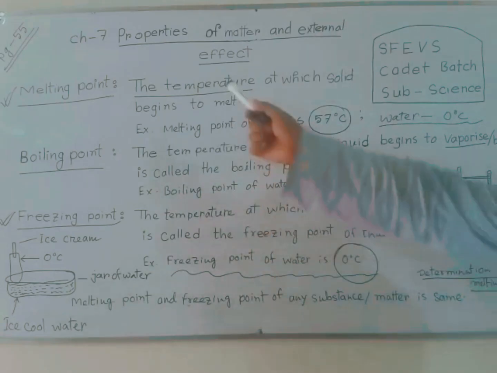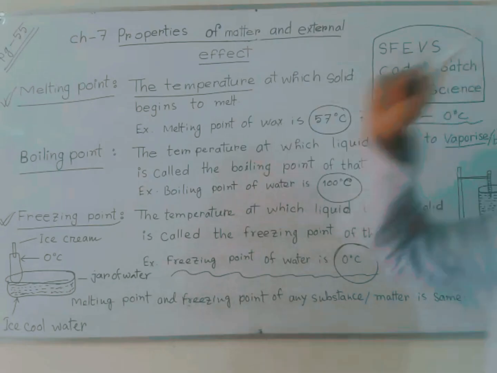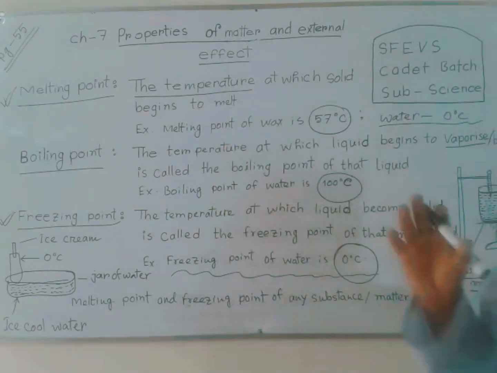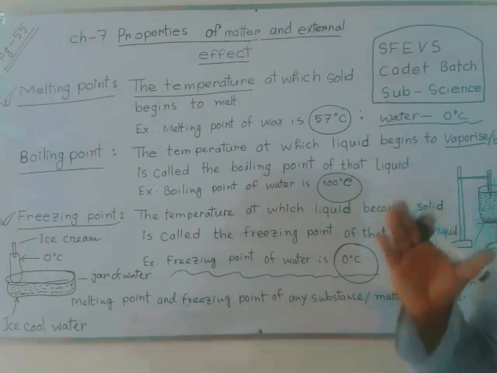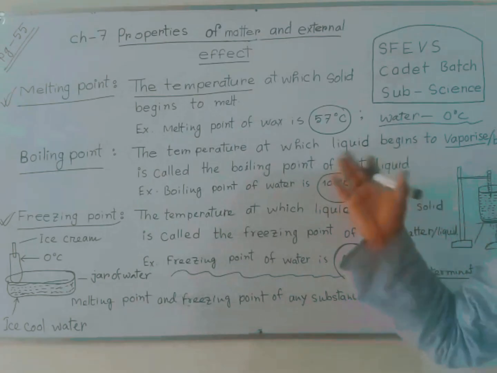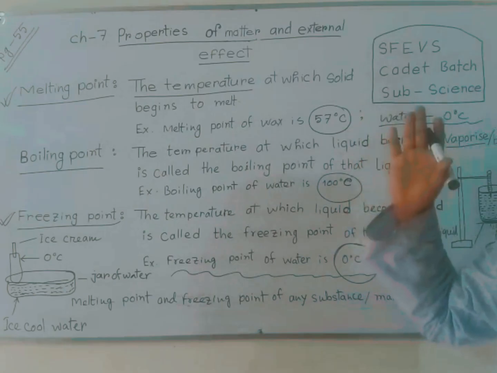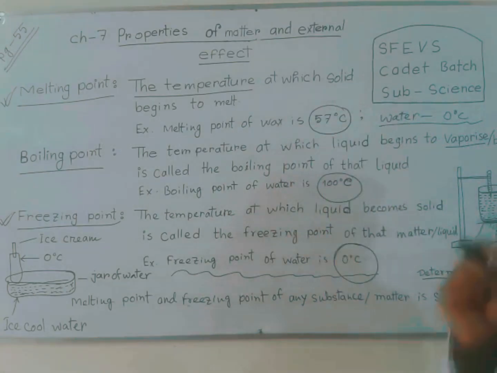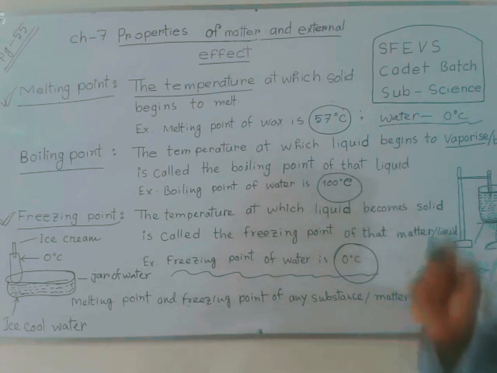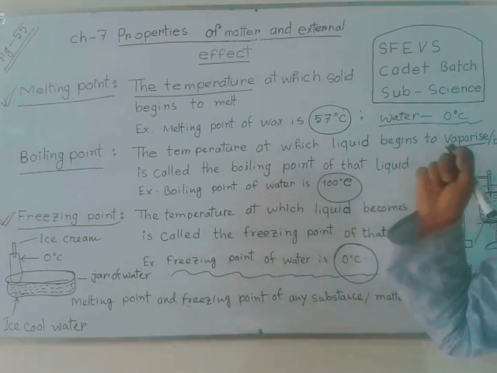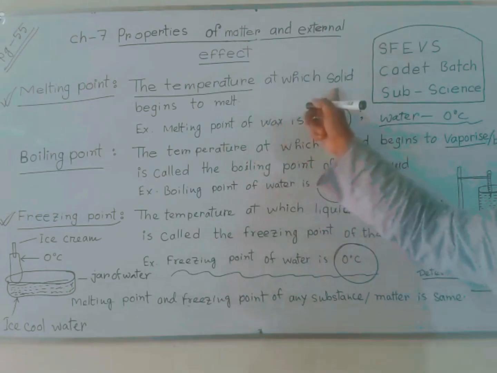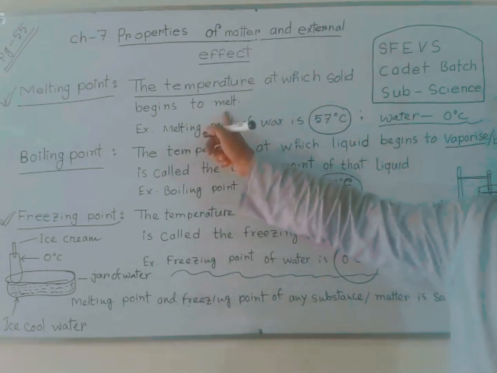Okay, all these points indicate specific temperatures, the condition or state of matter depending on the temperature. Melting point is that temperature that shows at which temperature the substance or solid matter begins to melt.